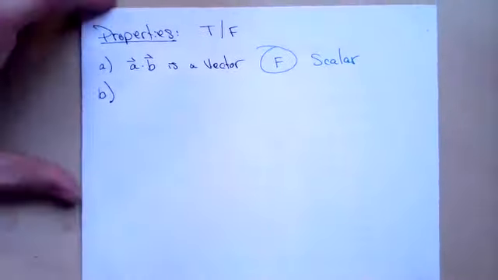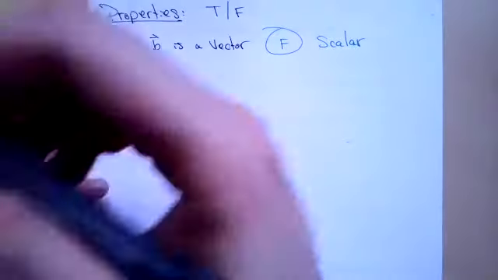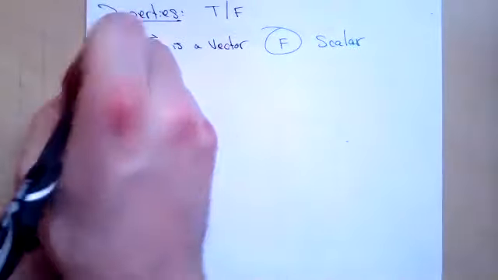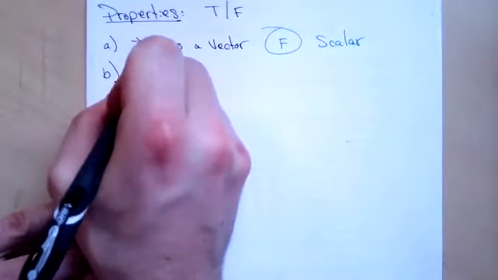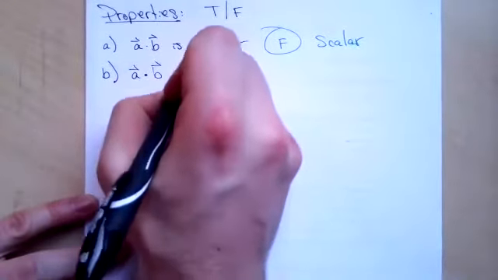We'll learn that the cross product gives a vector value. We want to be able to interpret these dot products and cross products geometrically. We'll get to that after all these properties. Let's finish up more of the algebraic properties: A dot B is equal to B dot A.